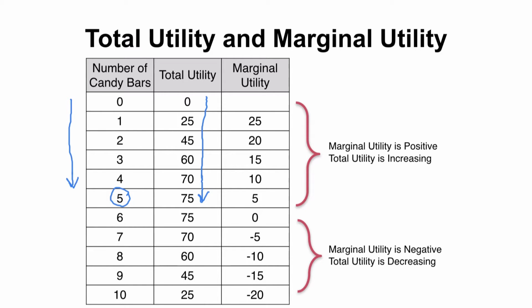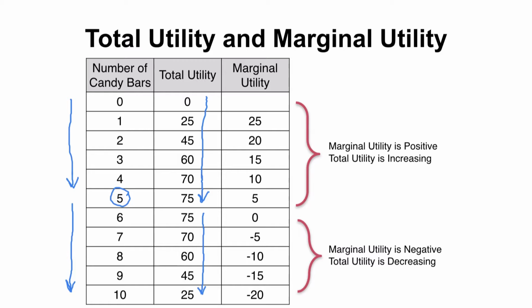After the 5th candy bar, his total utility begins to decline. So in fact, we see that though he gains positive levels of satisfaction for each candy bar that he consumes, that's limited up until the 5th candy bar. After the 5th candy bar, he starts to lose satisfaction. So each additional candy bar gives us less and less satisfaction.